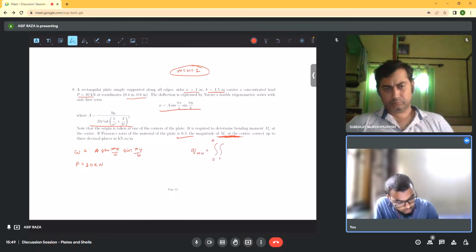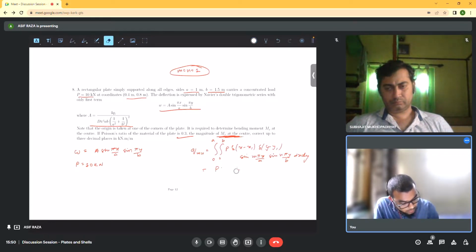the integral from 0 to a, 0 to b, of P at x1, y1, times sin(m pi x by a) sin(n pi y by b) dx dy, which can be simplified as P sin(m pi x1 by a) sin(n pi y1 by b).